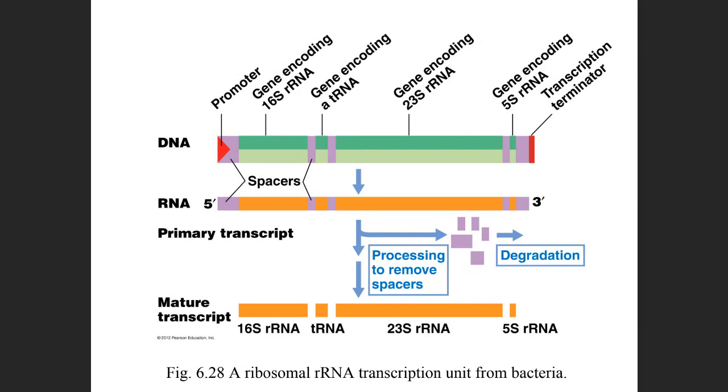This is a diagram specifically to show how ribosomal RNA is made. You have RNA primary transcripts, and that gets processed, and spacers removed.